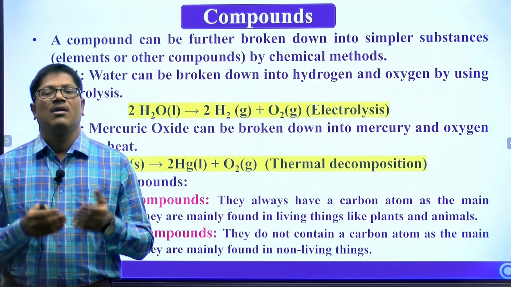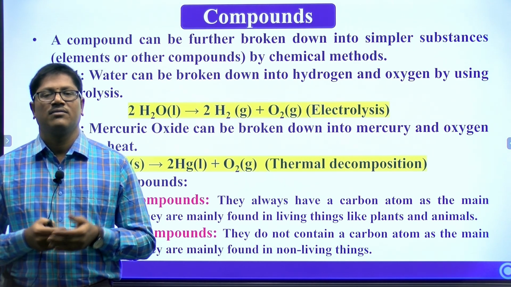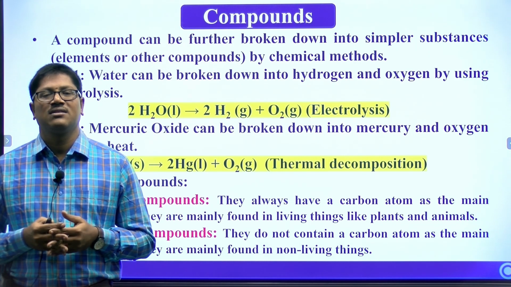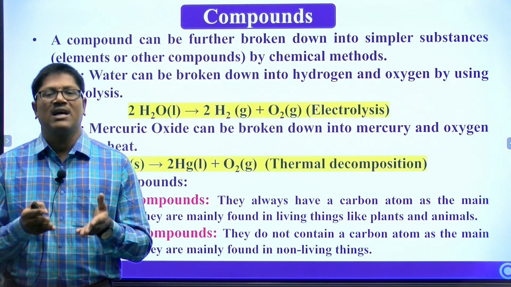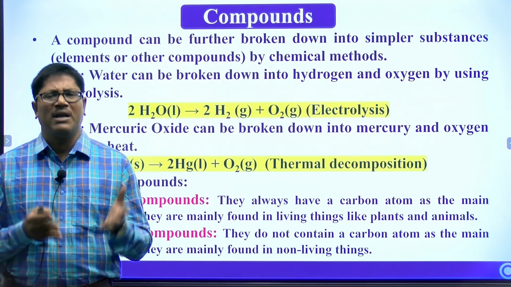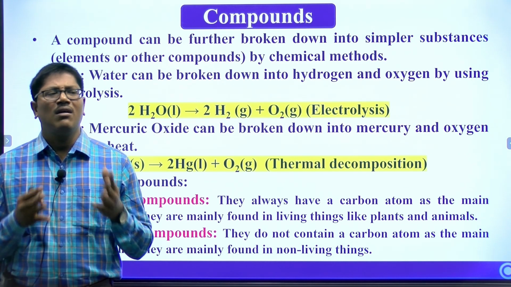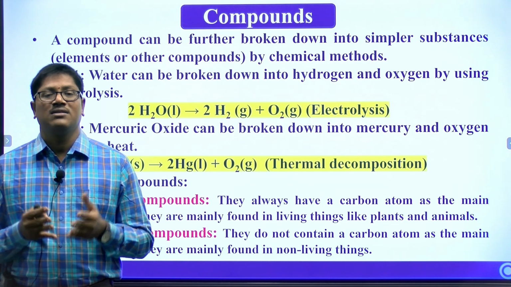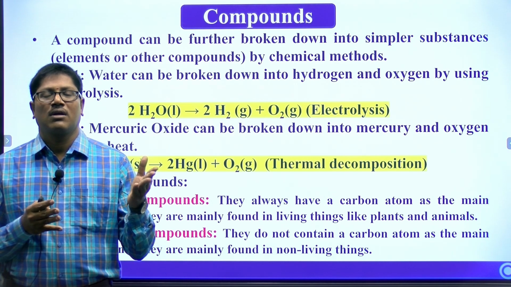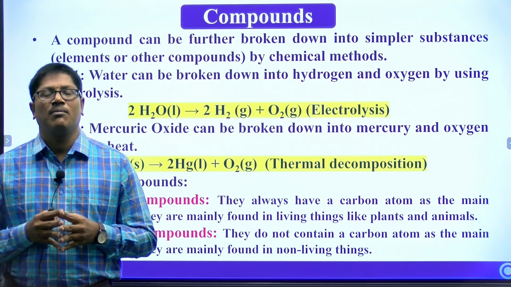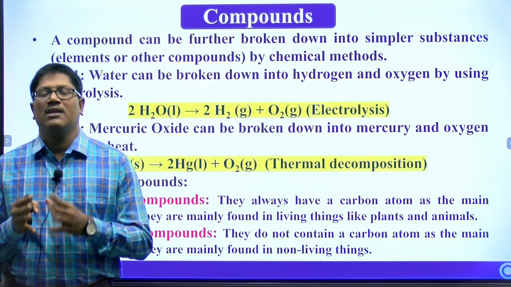Examples: all carbohydrates, vitamins, proteins, amino acids, majority of the fuels like diesel, kerosene, petrol, methane gas, they all come under organic compounds. Alcohols are also a class of organic compounds. The main source of the organic compounds are plants and animals.